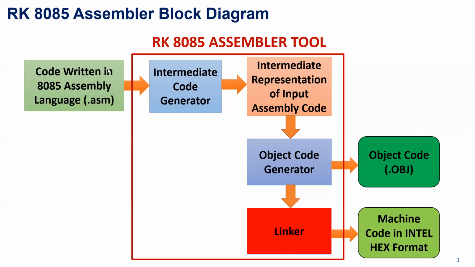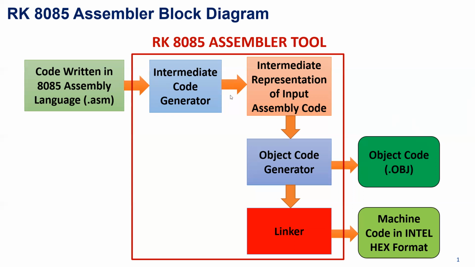You write some code in 8085 assembly language in a text file. It is first passed through this intermediate code generator tool that was developed by me. I call it the RK intermediate code generator.